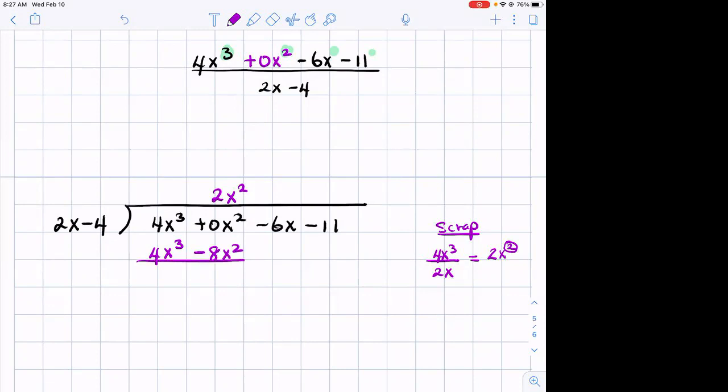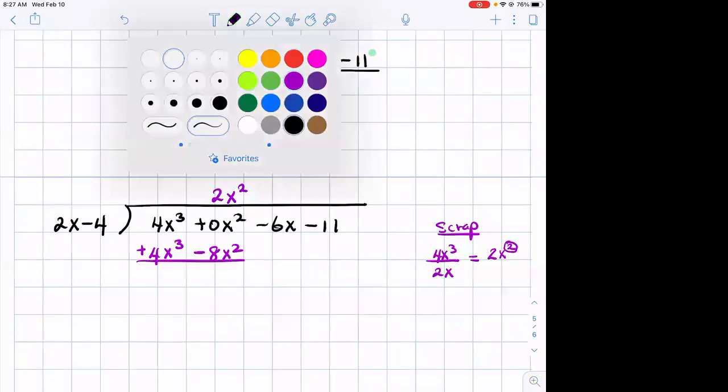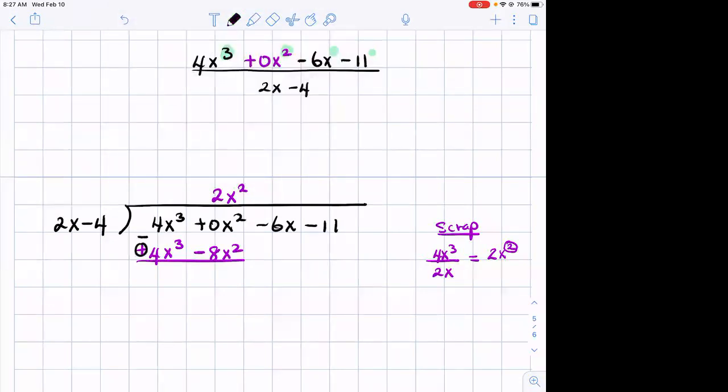And don't forget, we have to change the sign. So this plus changes to a minus, and this minus changes to a plus. So 0x squared plus 8x squared becomes 8x squared. Plus 4x cubed minus 4x cubed, these two terms cancel.